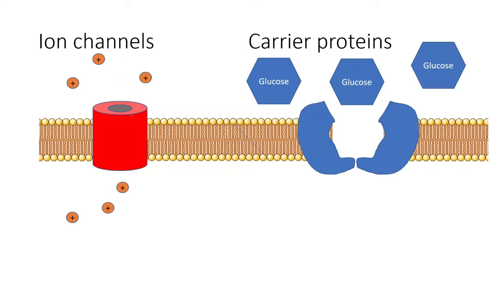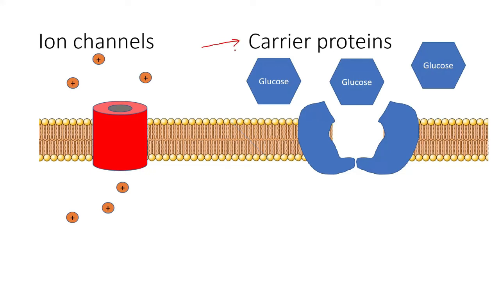And now the concentrations are even, and the net movement stops. Now it could be that this was the outside of the cell and those ions were moving in, or it was the inside of the cell and the ions were moving out. It doesn't really matter. It can go either way. The ions are just going to move down their concentration gradients. Well, that's ions, and the channels.